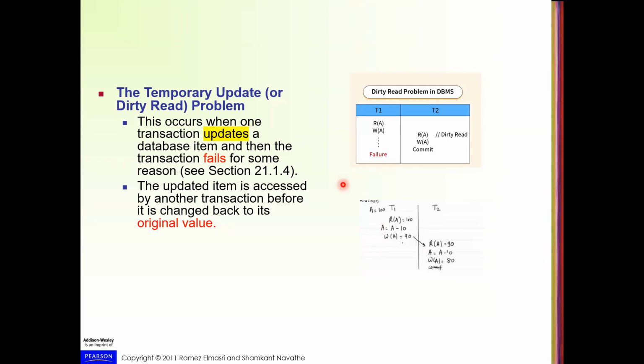So the value of data item A is different for T1 and for T2 now. For T1, A is 100. For T2, A is 80 now. So which is wrong? This is called a dirty read problem.